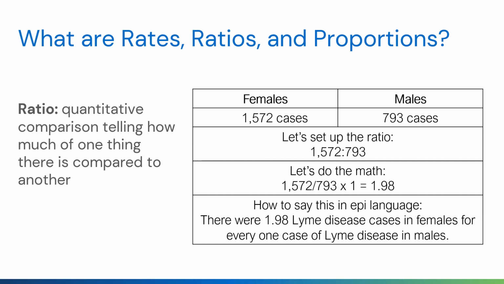So in this case, it's 1 by 1, so you don't actually have to multiply by 1. But if you wanted to say for every 2, you could, and then you would do slightly different math. But in this case, that is the expression that you would hear to know that that is a ratio.